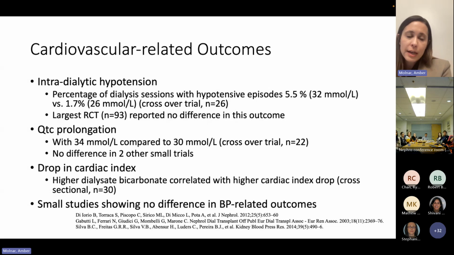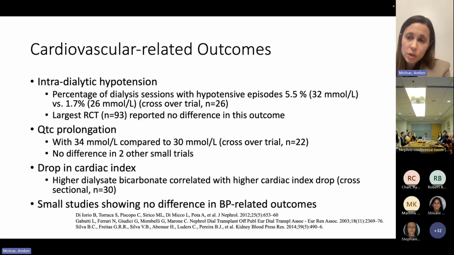So if higher dialysate bicarbonate concentrations are potentially inducing lower calcium values and lower potassium values post-dialysis, could this potentially be leading to an increased risk of adverse cardiovascular related outcomes by way of arrhythmias, hemodynamic instability, and hypotension?